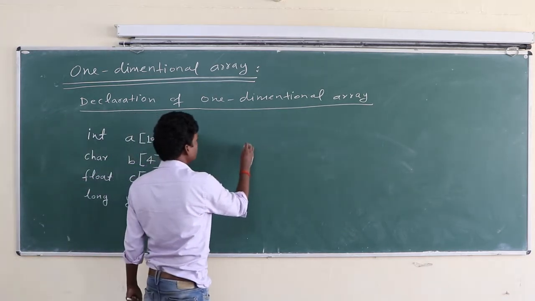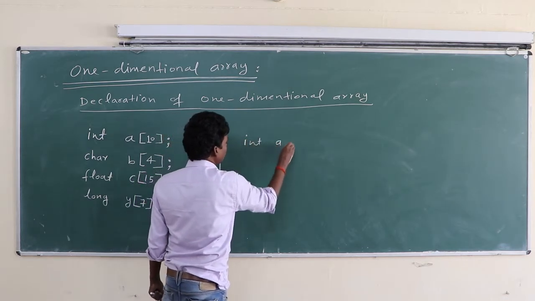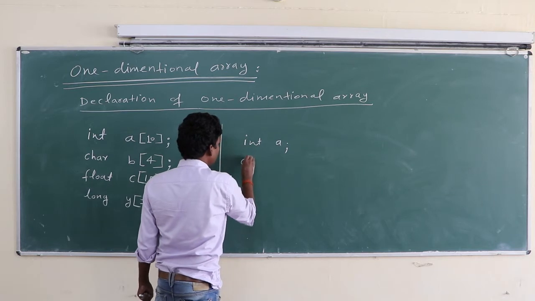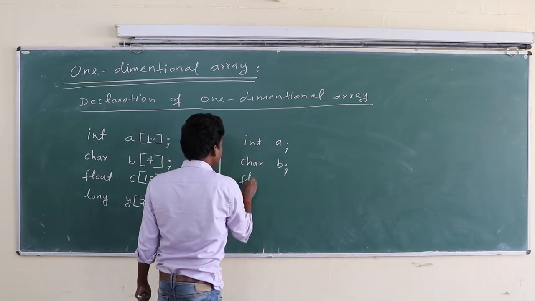Here int a semicolon, char b semicolon, float c.